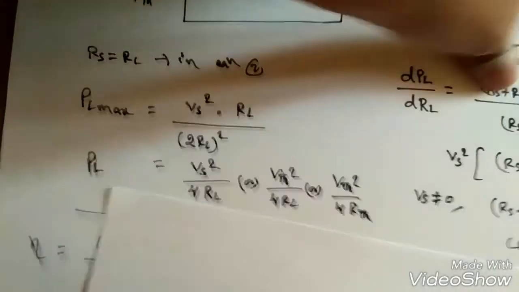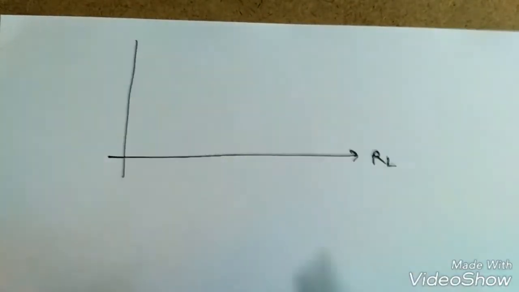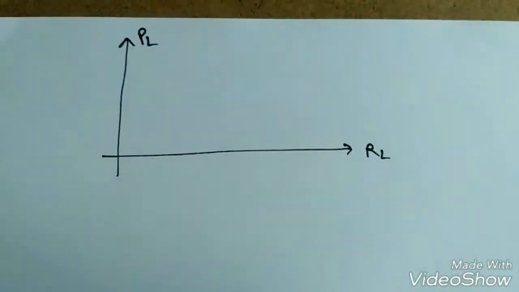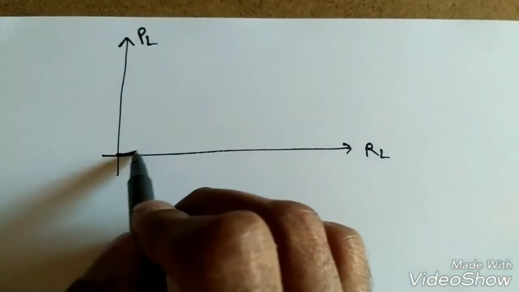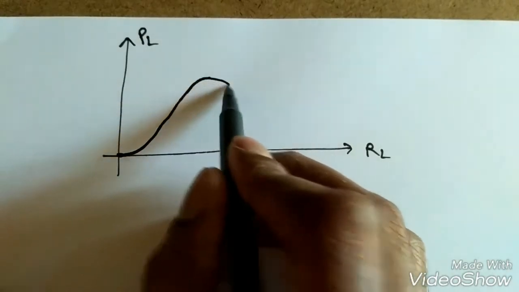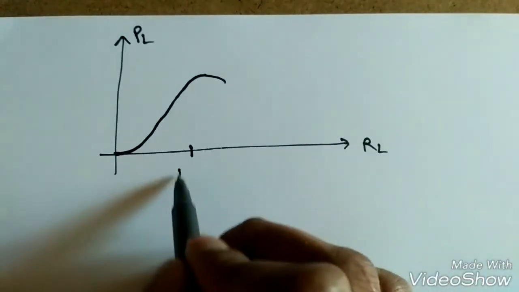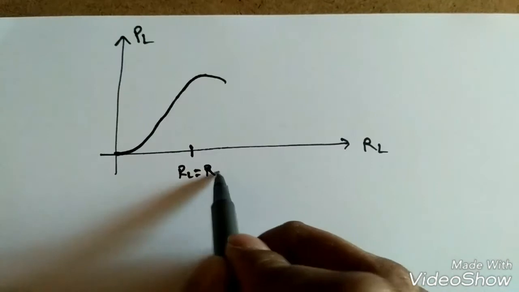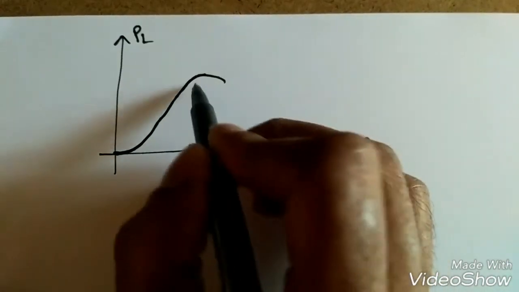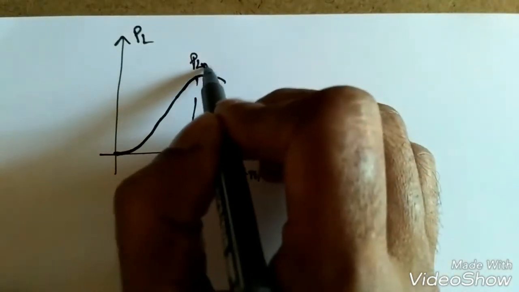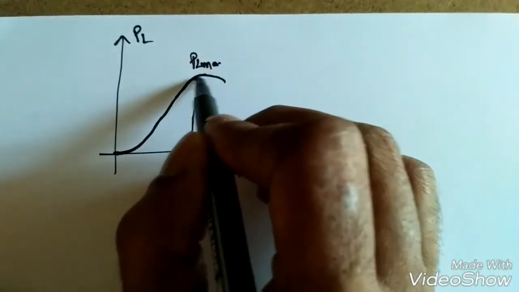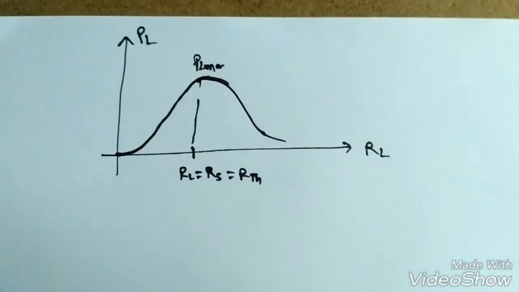Next we will see when both are complex in nature. But before that I will give one graph. If I vary this resistance RL, what happens to the load power PL? It is slowly increasing, and at RL equal to RTH or RS we'll get maximum power, that is PL max, and after this it again decreases.